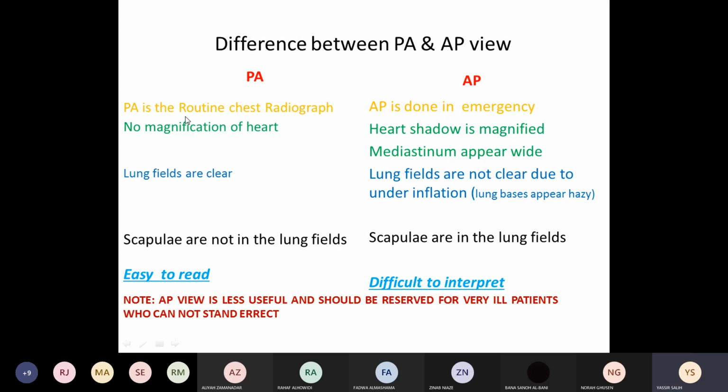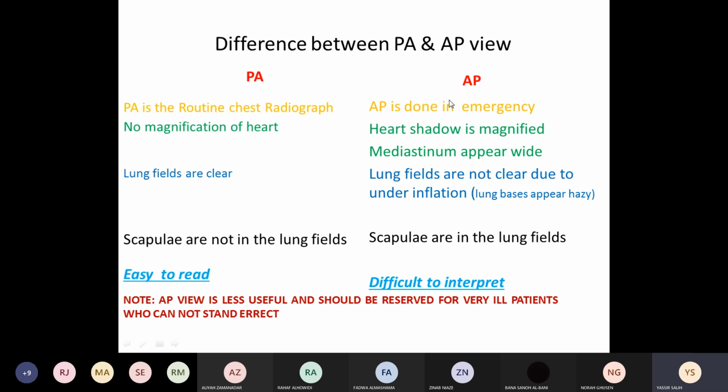But the chest X-ray should be done routinely on PA to avoid magnification of the heart, to avoid haziness of the lung base. So PA is the standard or routine chest X-ray projection or view. Also in PA there is no magnification of the heart. The size of the heart on the film is somewhat equal to the size of the normal heart in the person or the patient.